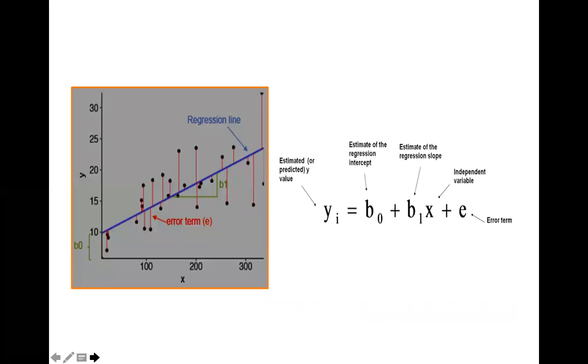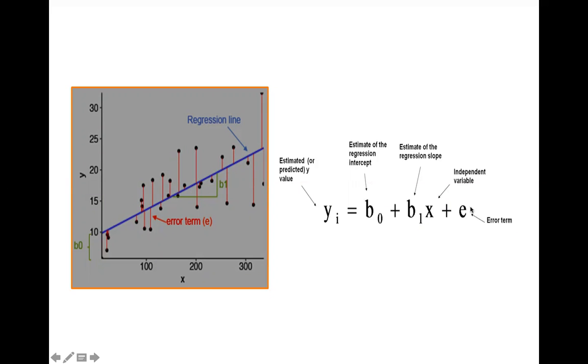And this is a proper mathematical equation for a regression model. That means you are going to estimate something, and the thing that you are going to estimate will come in the y-axis. And this is the exact equation of a line. This is the y-intercept, and this is the slope, and this is the independent variable, that means in the x-axis.